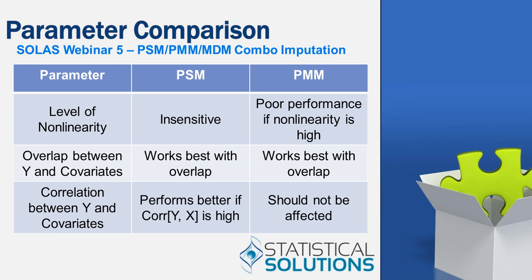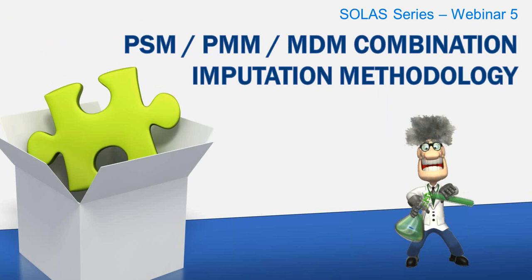And then finally, for correlation between the outcome variable y and our covariates, propensity score matching performs better when the correlation is high between the outcome variable and the covariates, and this is not affected when using predictive mean matching. Okay, so that's our recap covered anyway.